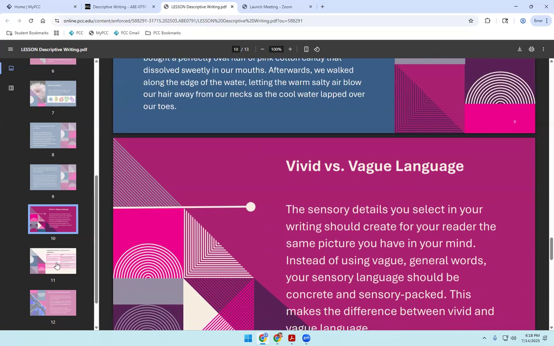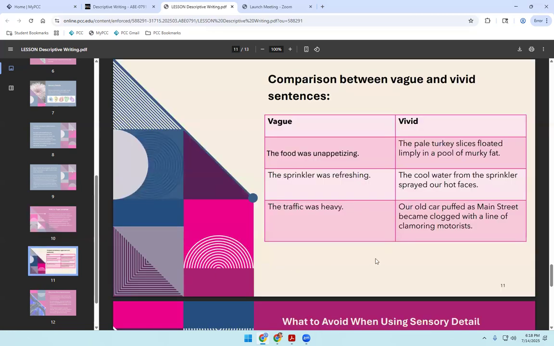Let's look at some distinctions between vague and vivid language. So a vague example would be the food was unappetizing. So not that appealing, not that good, but we don't know why. A vivid example would be the pale turkey slices floated limply in a pool of murky fat.